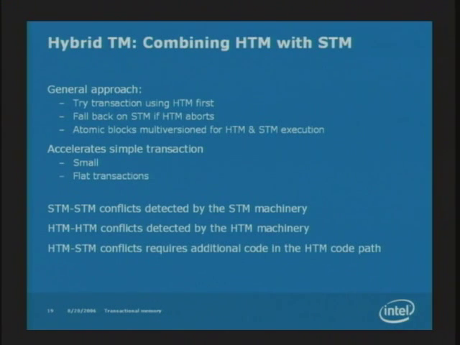Okay, so that's the software TM part of it, but even if you throw all the compiler optimizations at it, you still end up with 30 to 40% overhead. And if we want to deploy something like this, one of the common things we hear from ISVs is, well, we don't want it to slow down our code, even though you give us all of these really nice properties.